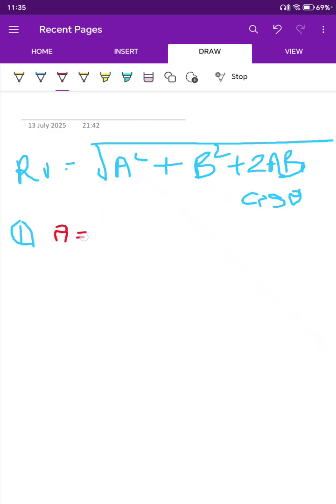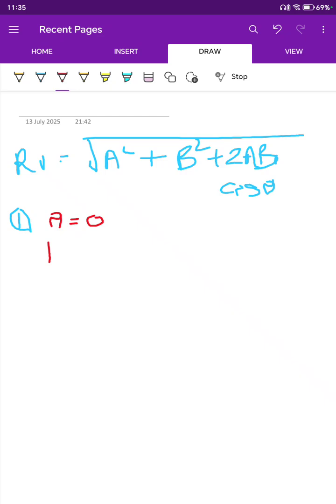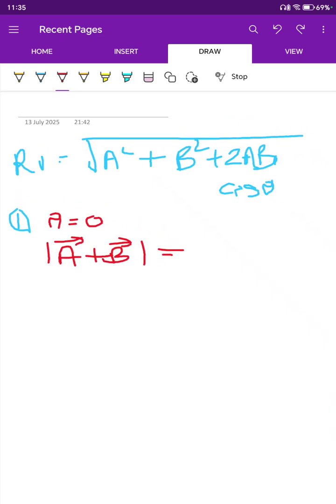If theta equals 0, then the resultant vector is a vector plus b vector, equals a plus b. So for theta equals 0, cos theta is 1, so a square plus b square plus 2ab equals a plus b whole square, and over root that means simply a plus b. Okay, so this is the magnitude.